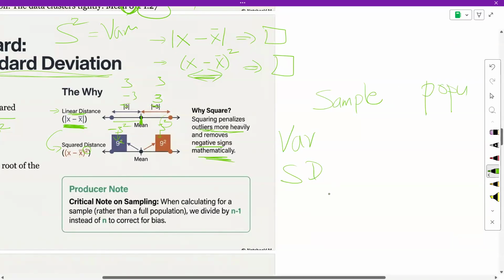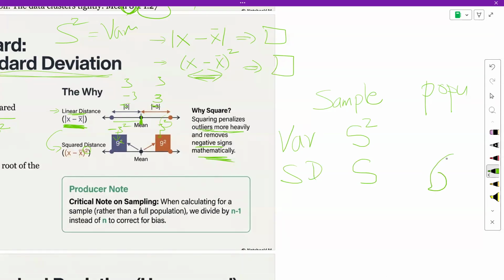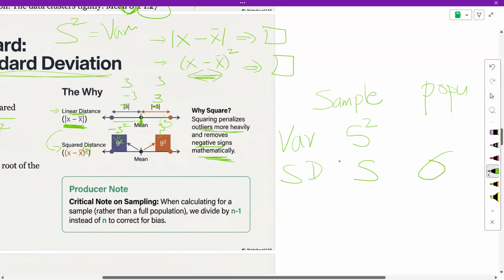For the sample variance we put s squared, and for the standard deviation we put s. For the population standard deviation we use the notation sigma, and for the population variance we use this one.